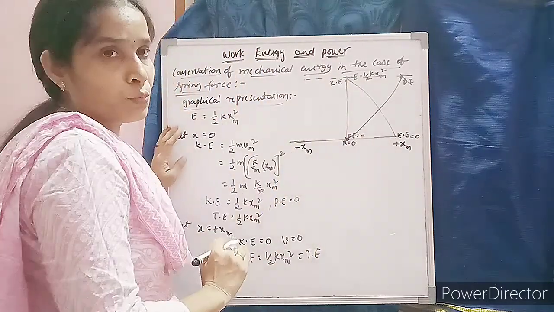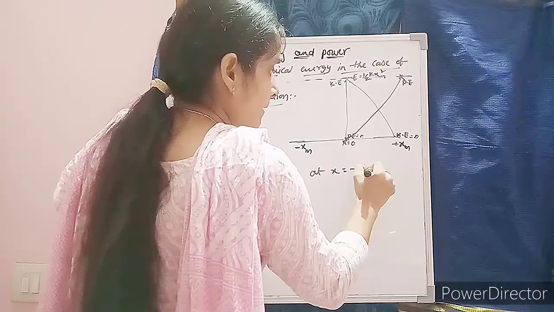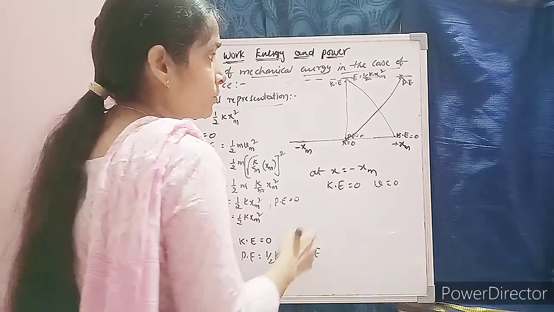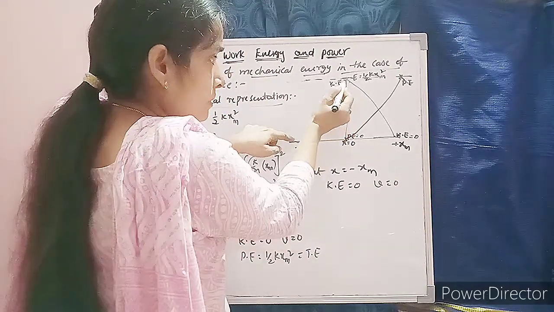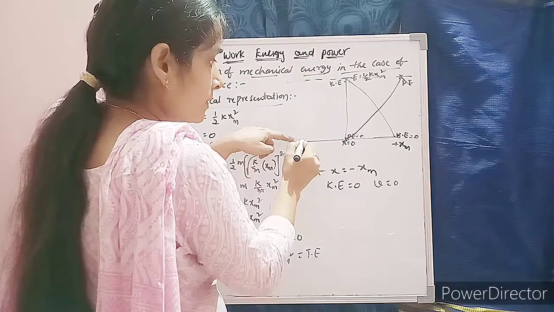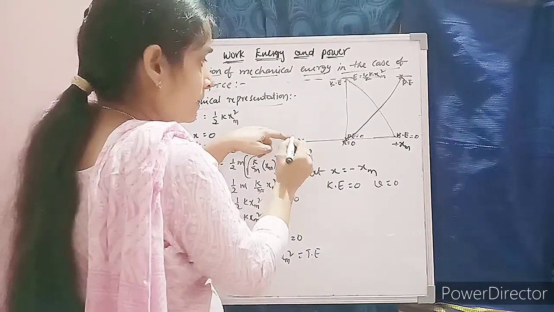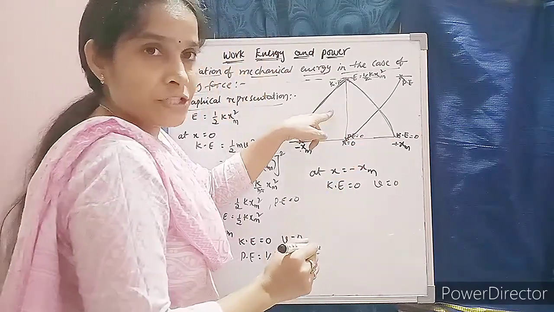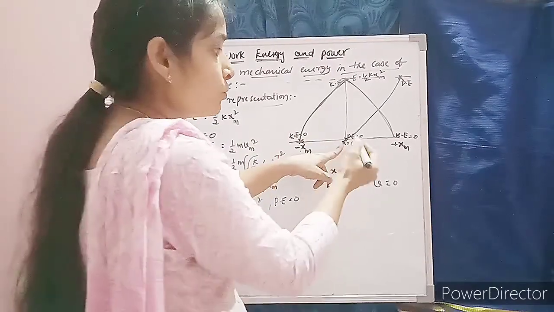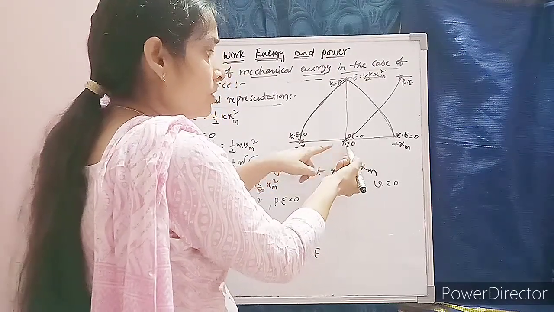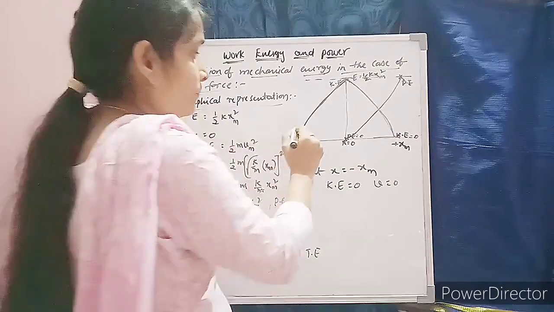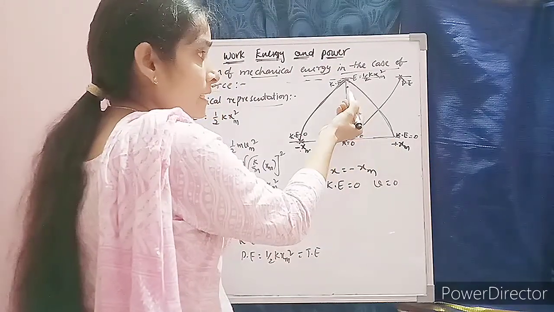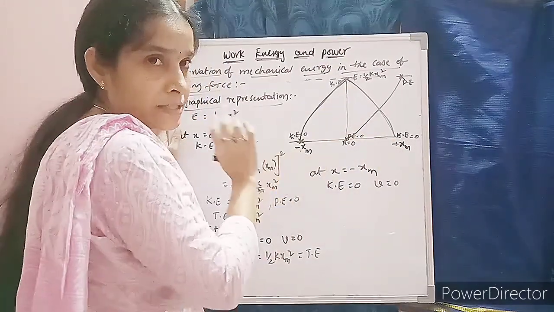Similarly for the negative xm, at x is equal to minus xm, here also kinetic energy is 0. Why? Because velocity at extreme positions is 0. Now in the negative x-axis also the kinetic energy becomes 0. Minus xm is somewhere here, at this point kinetic energy is 0. When the block is moved from plus xm to x is equal to 0, and from x is equal to 0 to minus xm, the kinetic energy varies from 0 to maximum to 0.